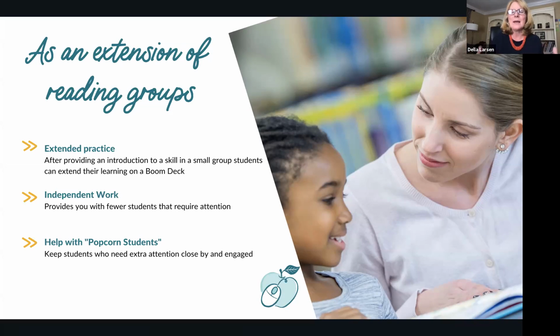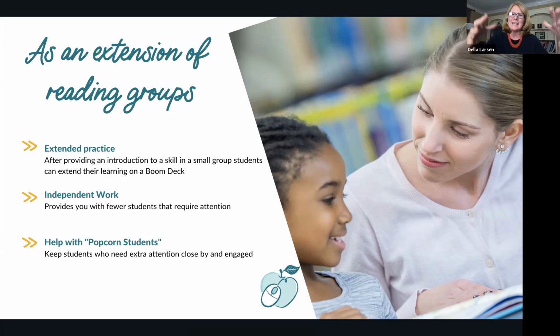And if you work in the younger grades, you know that one of the hardest things about having reading groups is what you're supposed to do with the rest of the kids. In college, they tell you all about how to have a guided reading group, how to teach reading, but they never quite tell you what you're supposed to do with the other 18 kids who are now having a hard time.